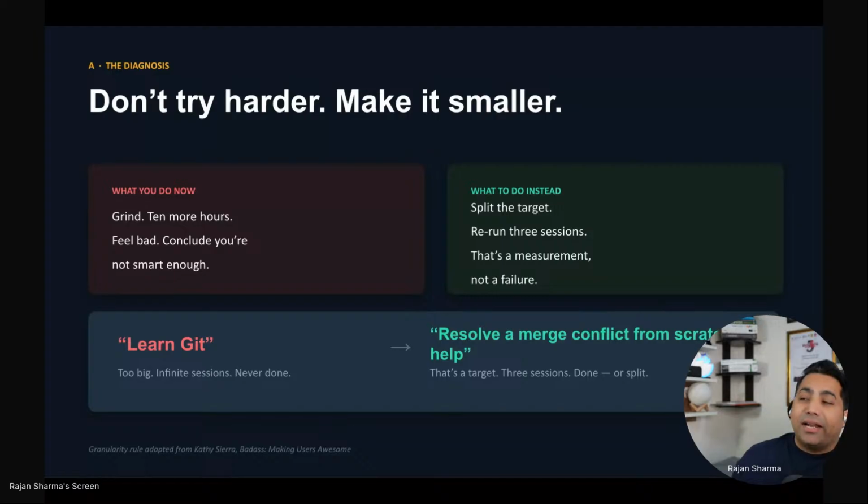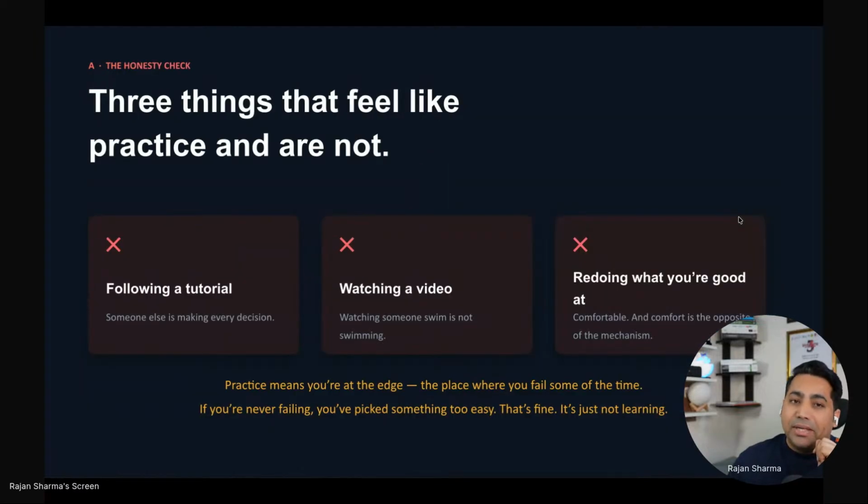If I say learn Git in a day, it's too big, it needs a number of sessions, because you have to go hands-on and make sure you understand everything. But resolving a conflict with a specific purpose can be achieved by following a specific procedure, that's the simplified one. So if there is a process where you feel stuck, split it. That's very important.